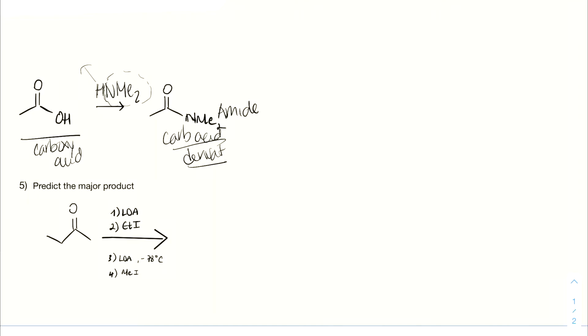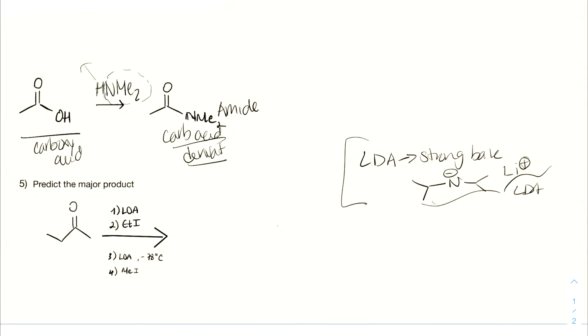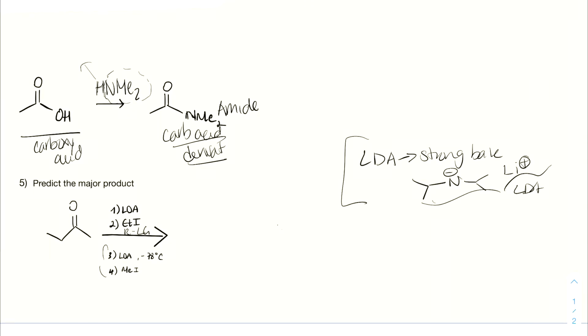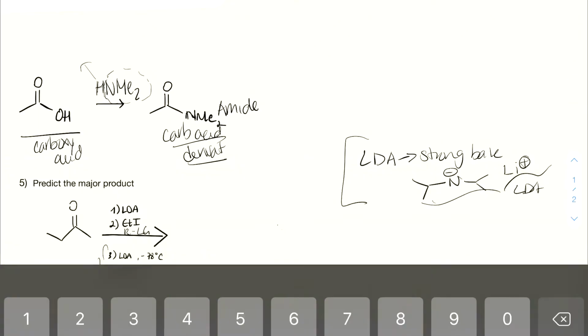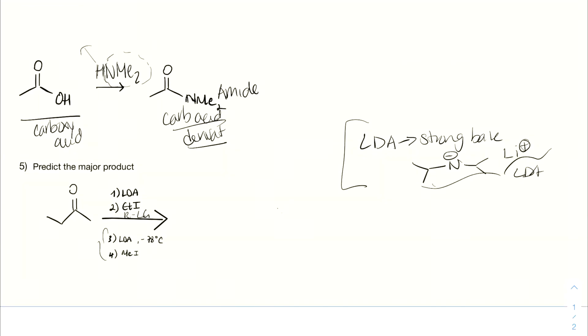Okay, so for this next one, we're using LDA plus an R group and a leaving group. And then we have another equivalent of that here too. So for LDA, I drew it right here. It's a strong base, and it's used to attack the alpha carbon that is least substituted.